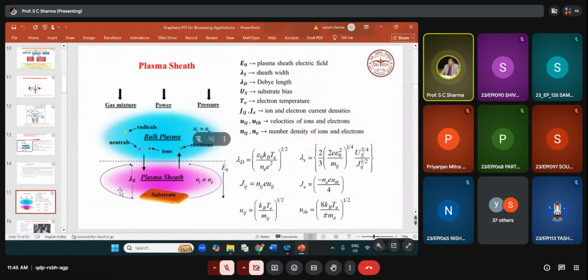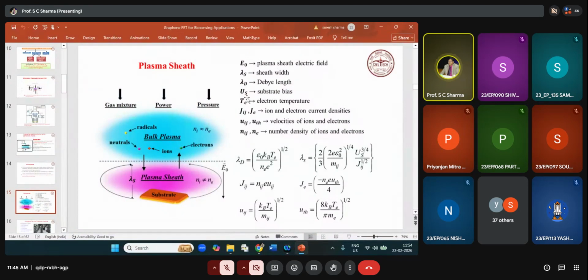That force is responsible for getting vertically aligned carbon nanotube and graphene. This is physics. So I am taking these two techniques, PECVD or MPCVD, because we can get vertically aligned carbon nanotube and graphene.